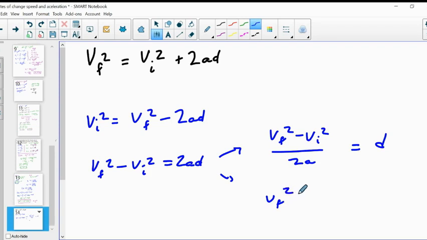And if I take the same equation and divide it by 2d, that equals a. So now I have this fourth kinematic equation written in terms of vf, I've got it in terms of vi, I've got it in terms of d, and I've got it with a isolated.